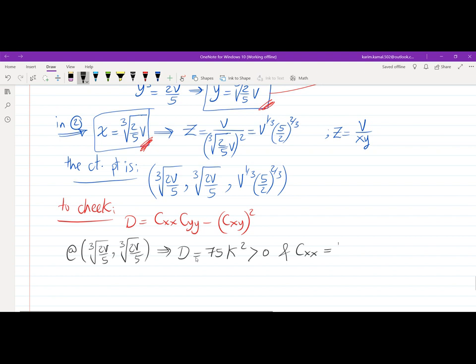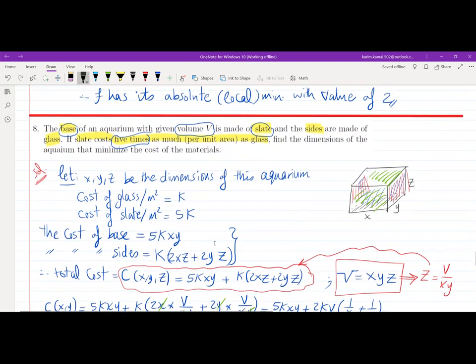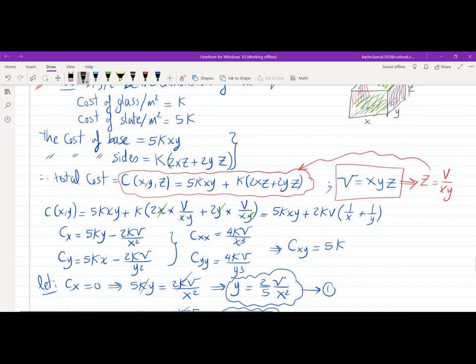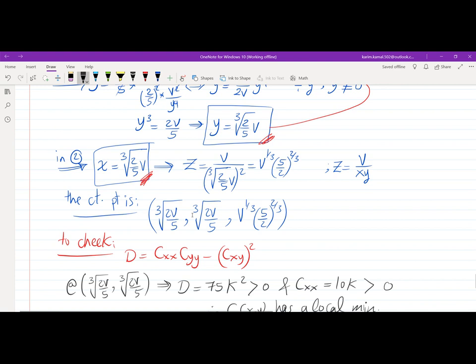And then C of x and y has a local minimum. Then the dimensions that minimize the cost are these dimensions. We can highlight them. These dimensions make the cost as minimum as we can.